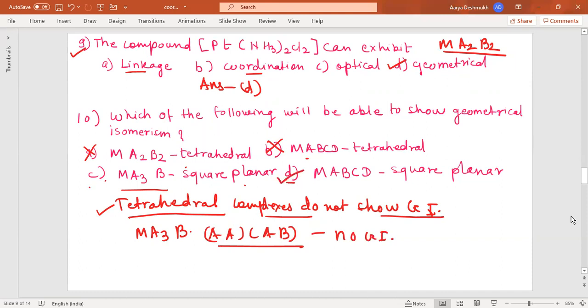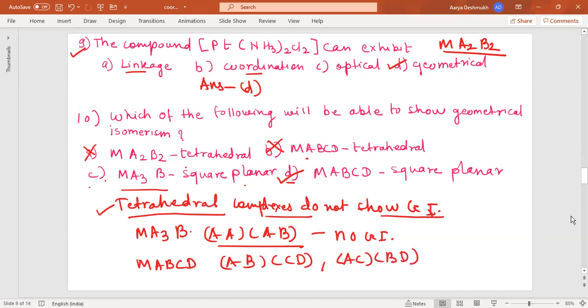Now the answer would be MABCD. Just to get it confirmed, the possible combinations are AB, CD. Second one, AC, BD.